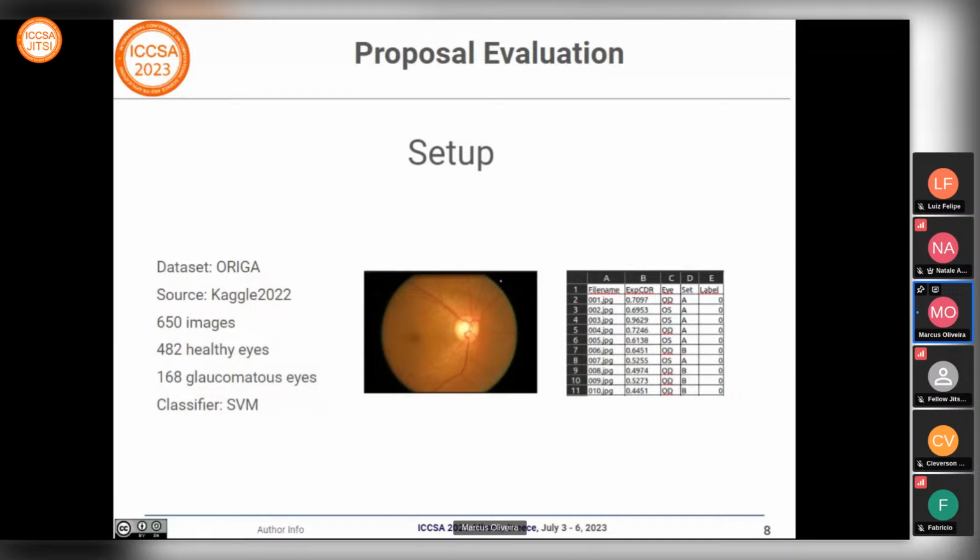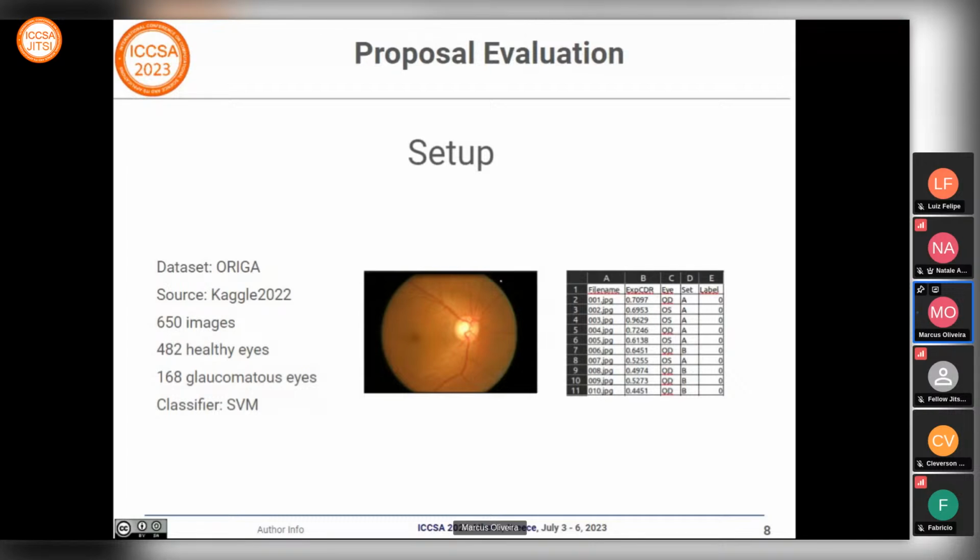For the proposed evaluation, we use the ORIGA dataset. The dataset is composed of 650 images, of which 482 are healthy eyes and 168 are glaucomatous eyes. And we use the SVM, support vector machine, as a classifier.